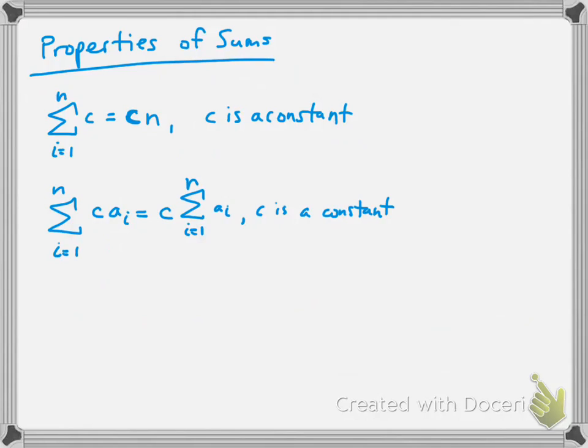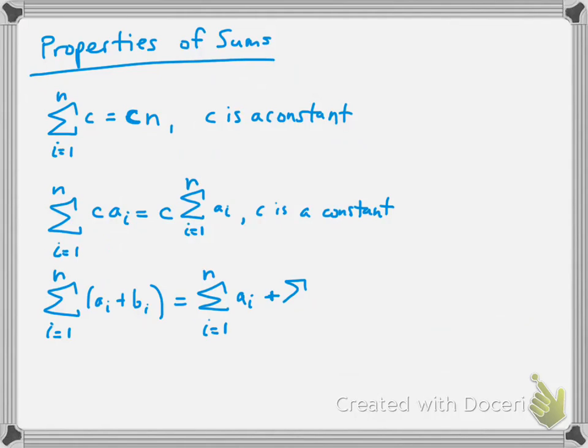The third property of sums is if I have a sum from 1 to n of two values, two different types of terms added together, this is the same as the sum of each one from I equal to 1 to n added separately from each other.